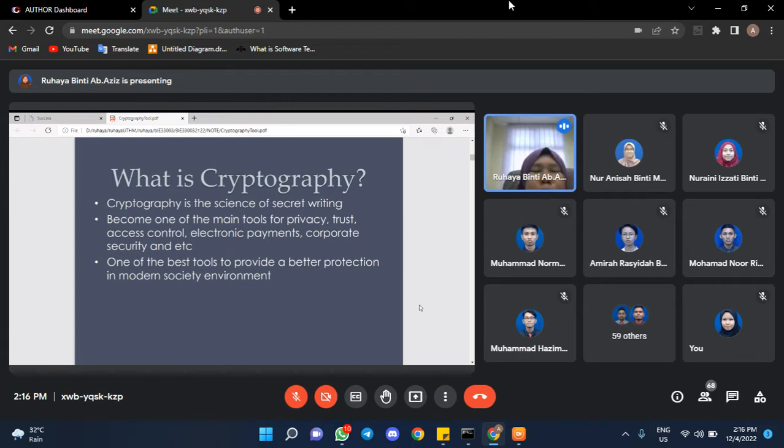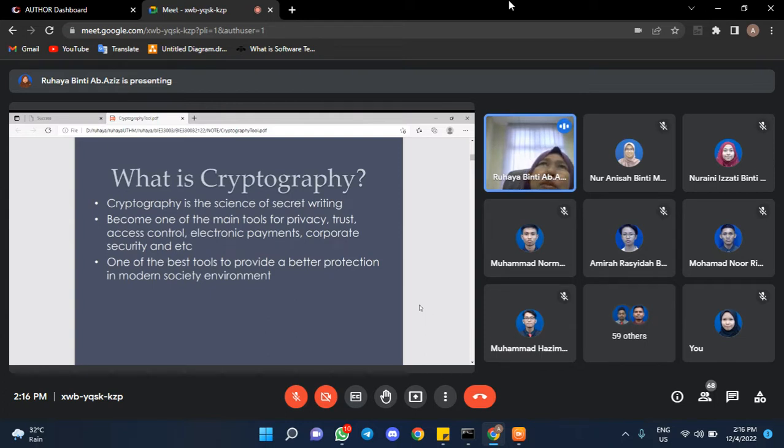This has become one of the main tools for privacy, trust, access control, electronic payment, copyright, security, and etc. Cryptography, encryption, is the basis for other tools in security, like when we are going to do some application using steganography. Maybe if you want to use blockchains, is there anyone?